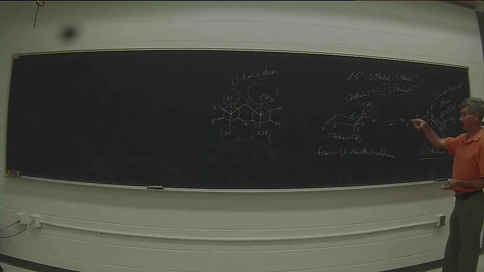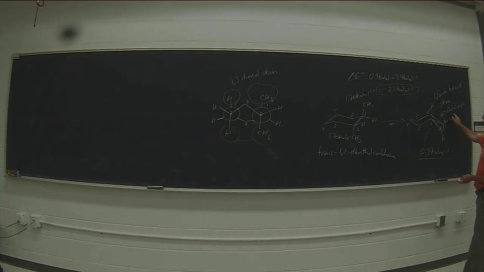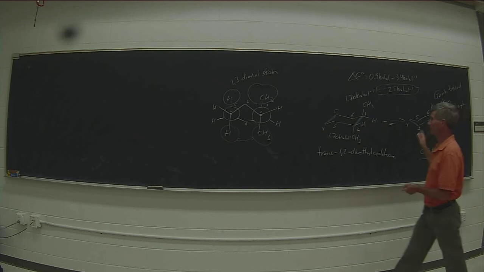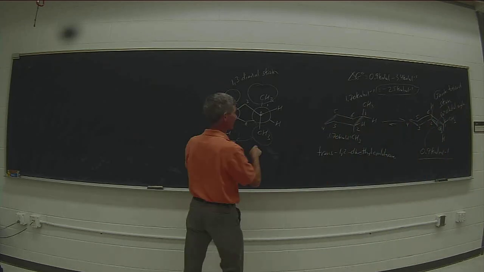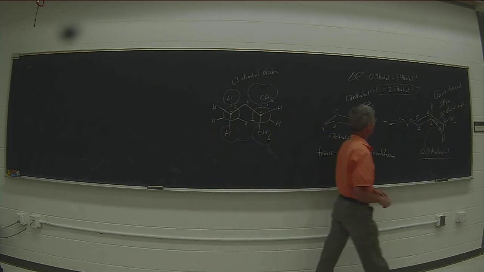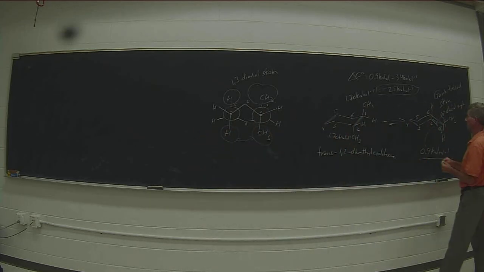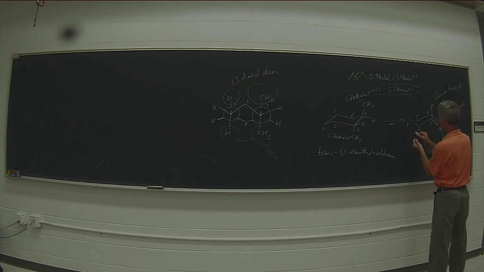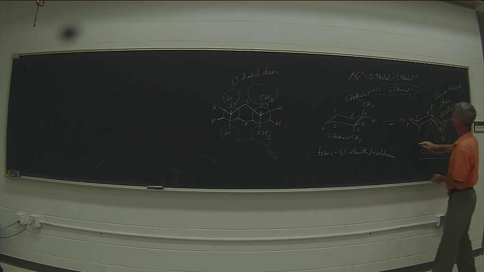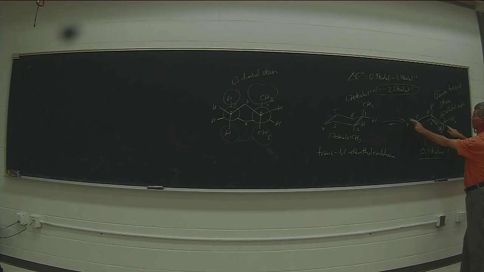So now I need to draw the other chair, or the other Newman projection, for the molecule on the right. The difference will be that now the bridging carbon 3 is pointing down. Sorry about that, I highlighted the carbon 3, 4 instead of the carbon 5, 4. So I need to be looking down carbon 2 to carbon 1 and carbon 4 to carbon 5.